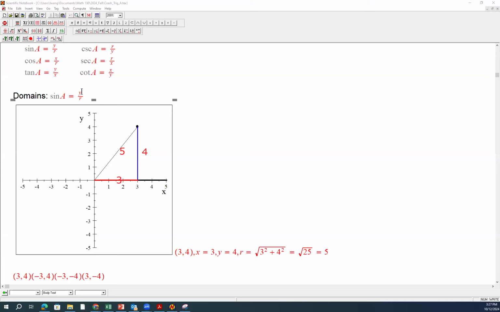When we take one of the legs and divide it by the hypotenuse, of course, sine of A is going to be less than or equal to 1.